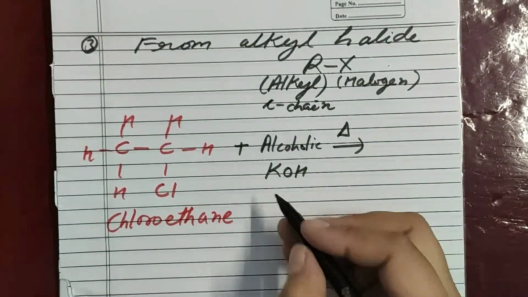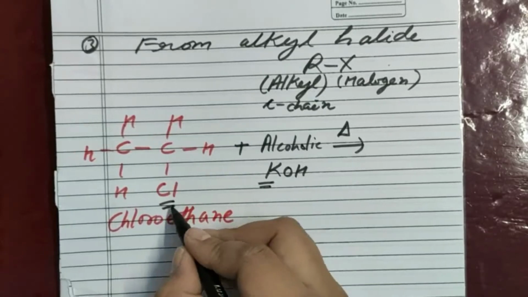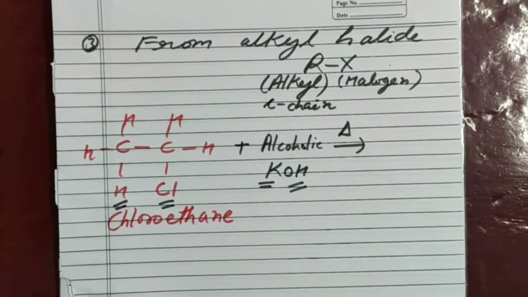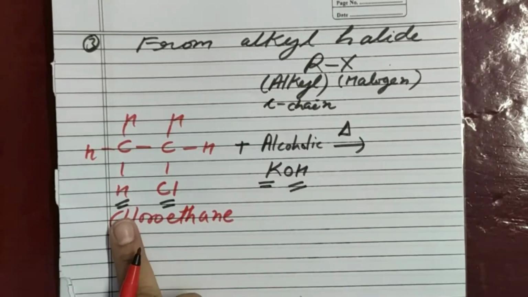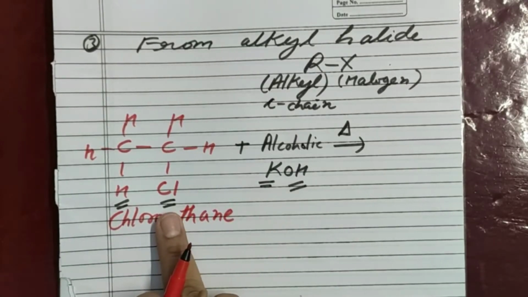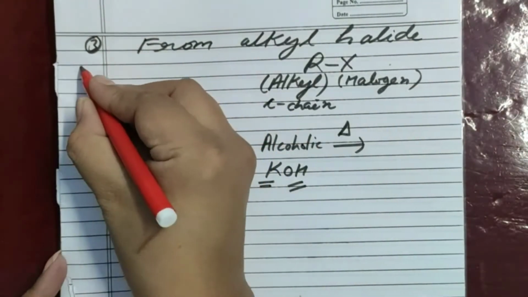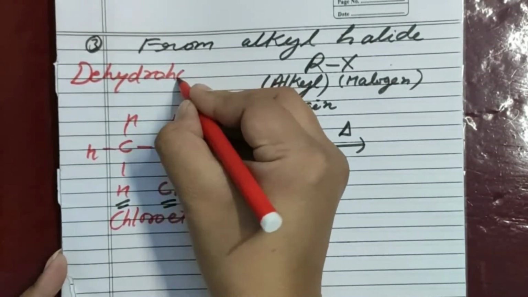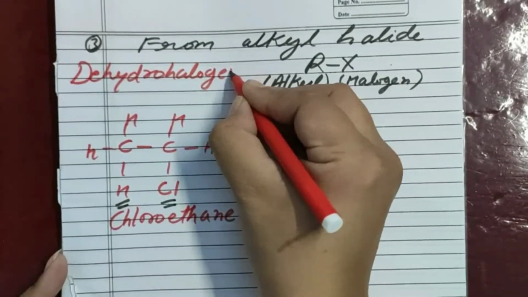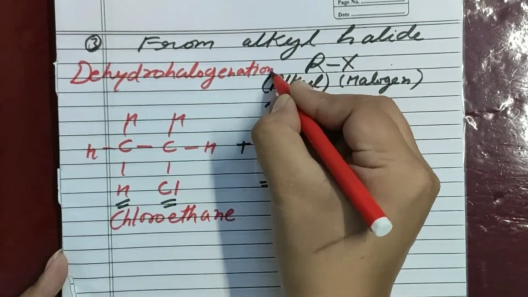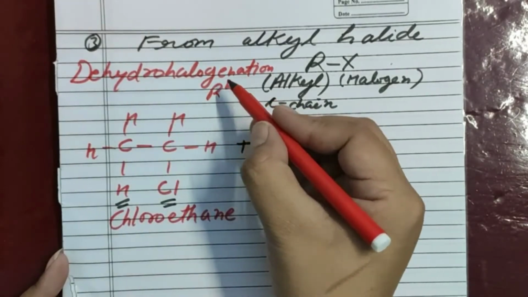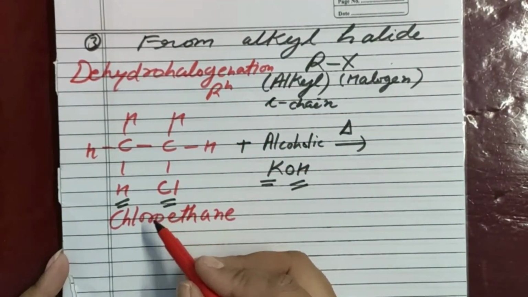There will be removal of K with Cl, H with OH. So overall, there is removal of hydrogen and halogen. That is why this reaction is called dehydrohalogenation reaction. It means there is removal of hydrogen and halogen from the reactant molecule.